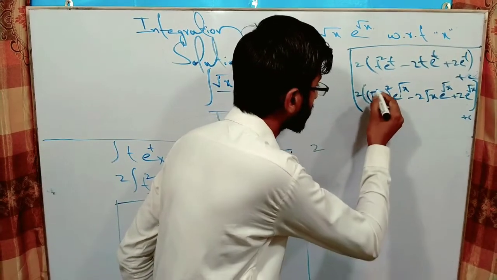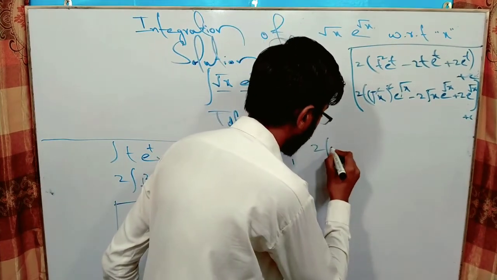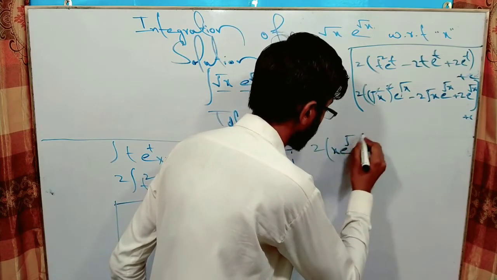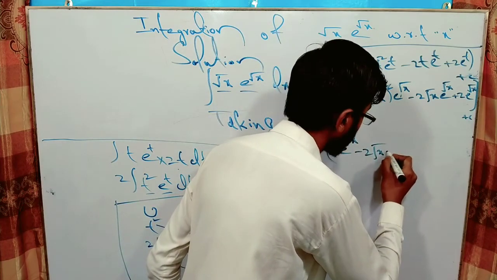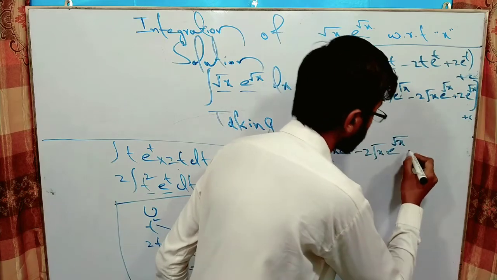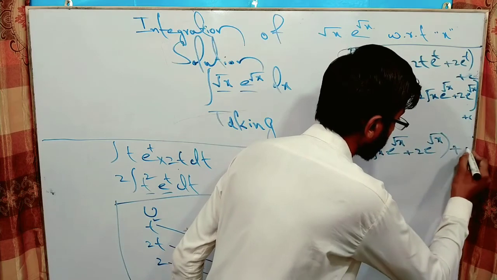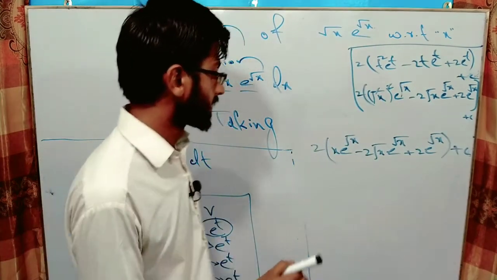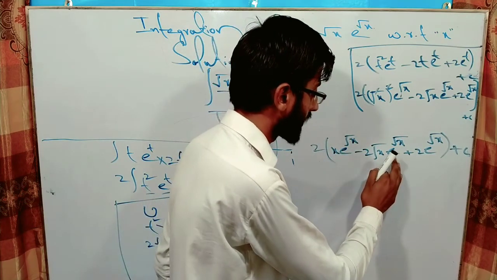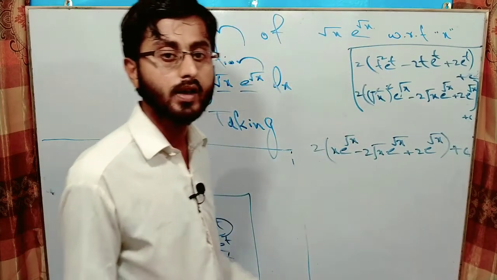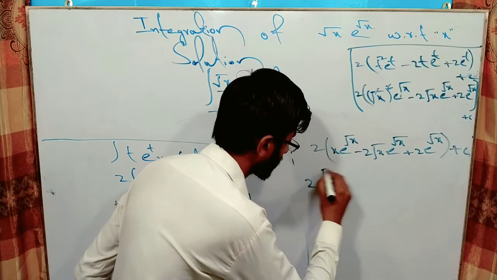Under root and square will vanish. So the expression will be x e under root x minus 2 under root x e under root x plus 2 e under root x, plus c. Here e under root x is common in all terms.